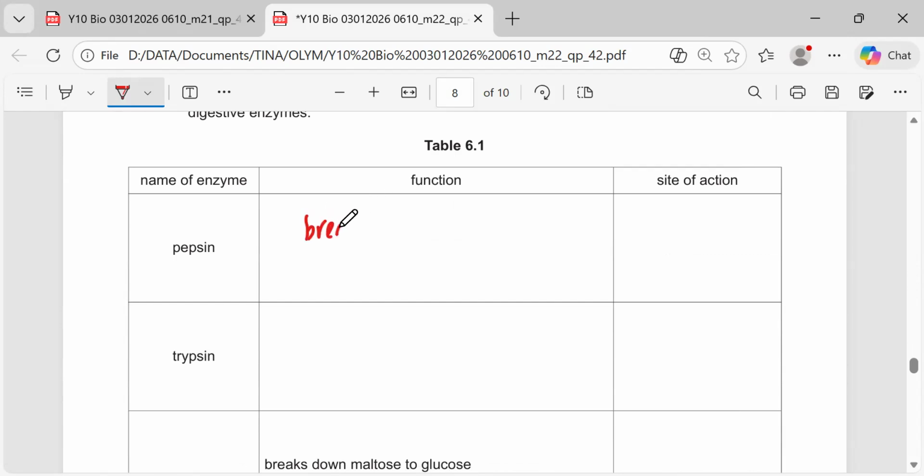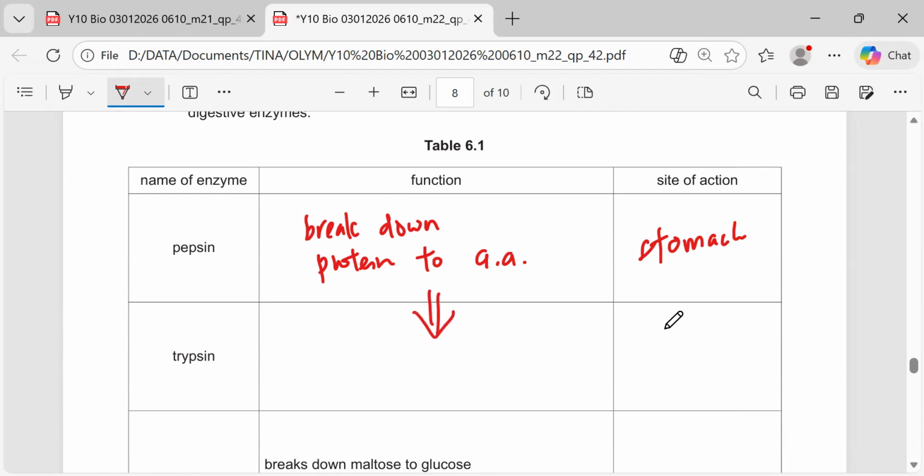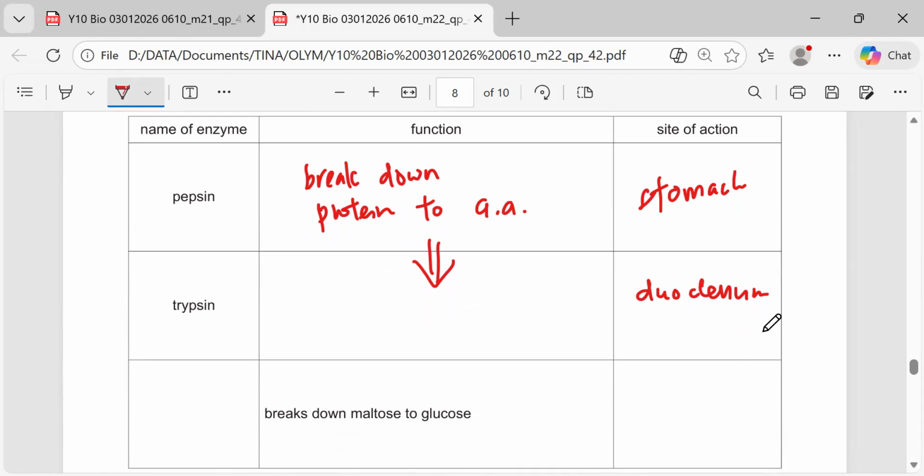Okay, so breakdown, protein to amino acid, stomach. Trypsin, same thing, but site of action is duodenum, not pancreas. Can I write small?